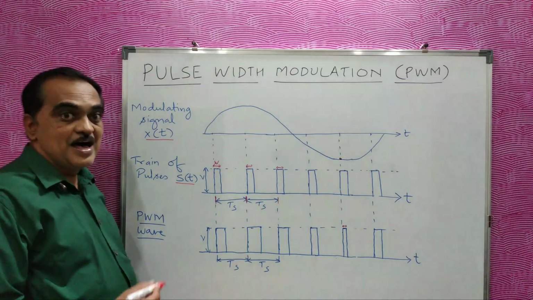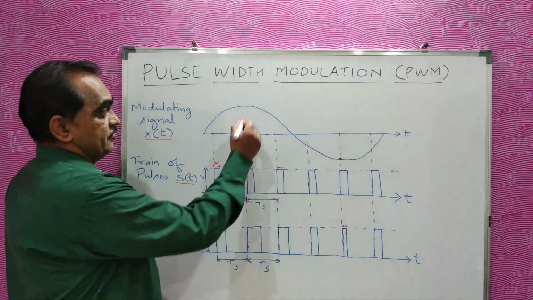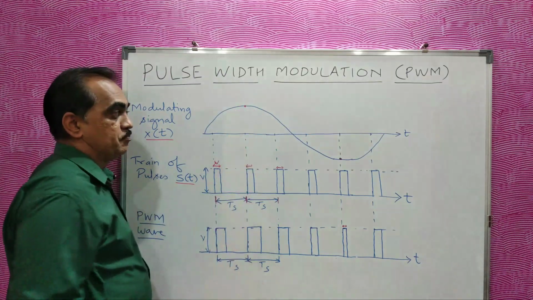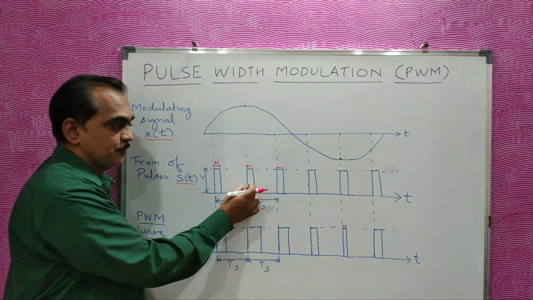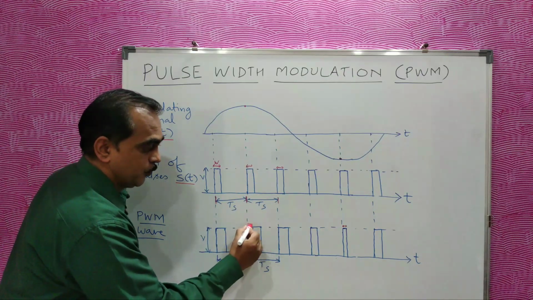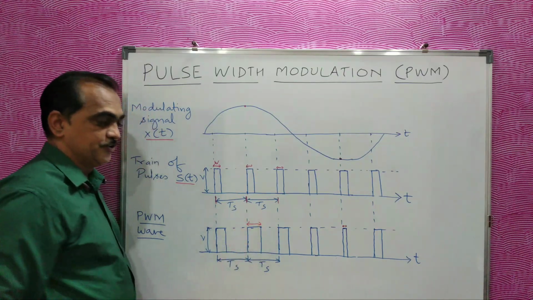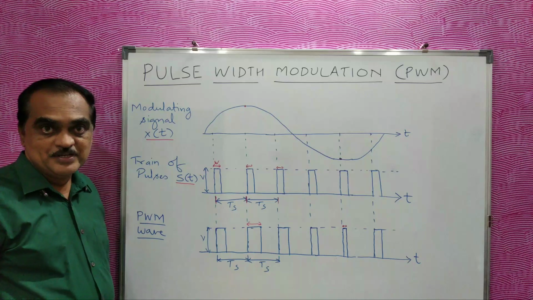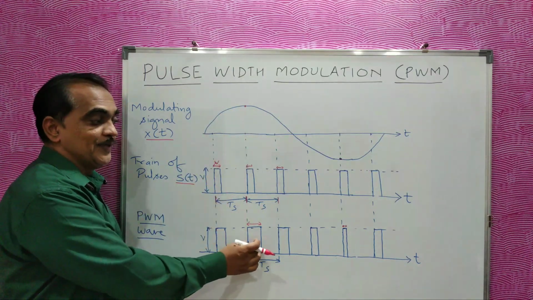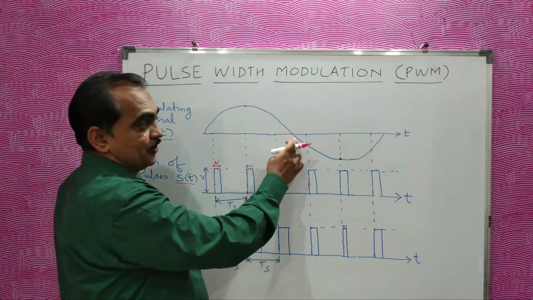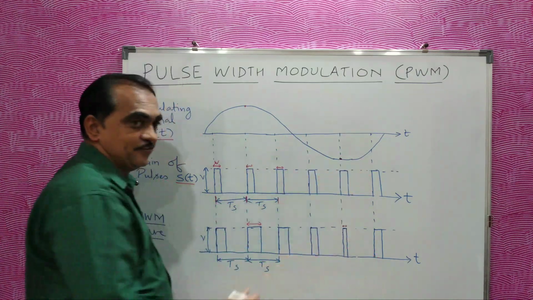And if you see the highest, this is the maximum positive voltage we can have. So here what was the original width of the pulse has become larger. The width has increased. That means as the voltage is going more positive, the width will increase, and as the voltage is going more negative, the width will decrease.